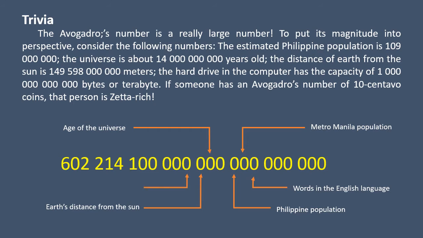Over 1 trillion is the capacity of a hard drive, compared to the number of around 602 sextillion, 214 quintillion, 100 quadrillion particles per mole, which could be an atom, an ion, a molecule, or a formula unit. Isn't it amazing?